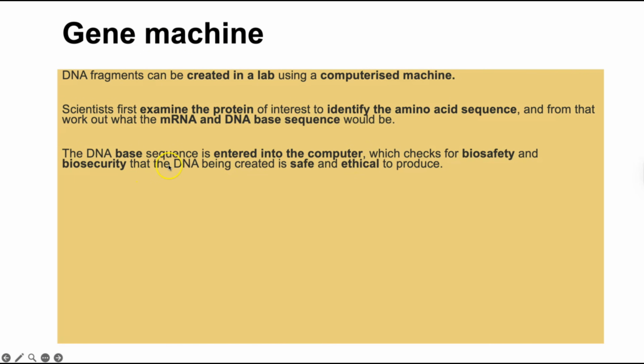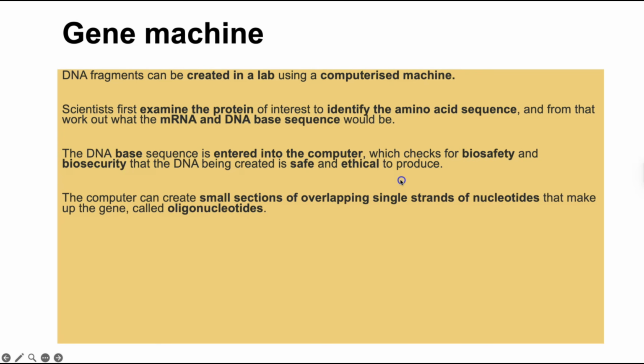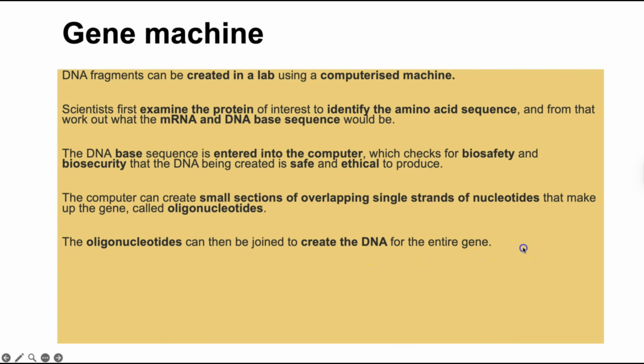Checks are made that you're not trying to make a protein that could potentially cause risk to human health, and other biosecurity checks, and that it's ethical to produce. Once those checks are in place, then the computer can create small sections of overlapping single strands of nucleotides, and these are called oligonucleotides. Those can then be joined to create the DNA for the entire gene.